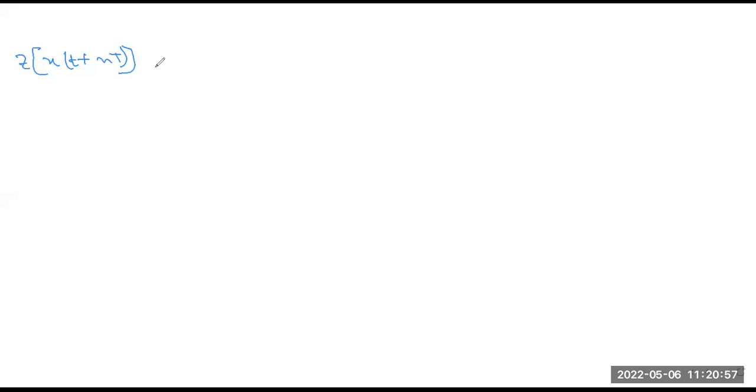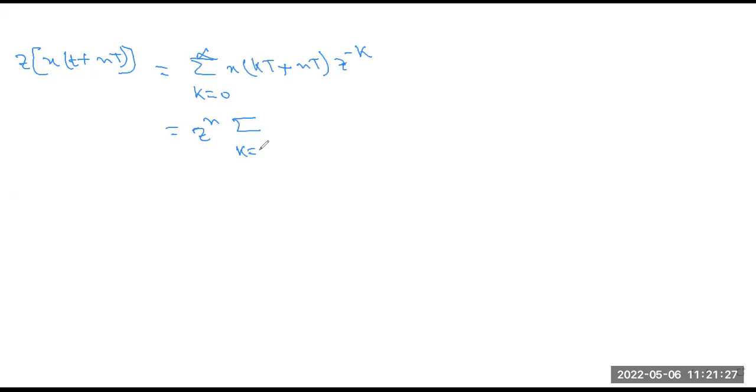We write this equation as the summation of k is equal to 0 to infinity x of kT plus nT into z to the power minus k. Now for the positive function, z to the power n is the constant term.